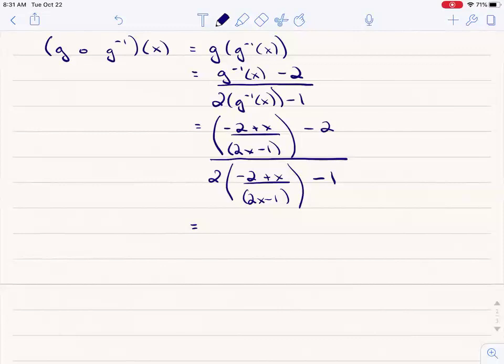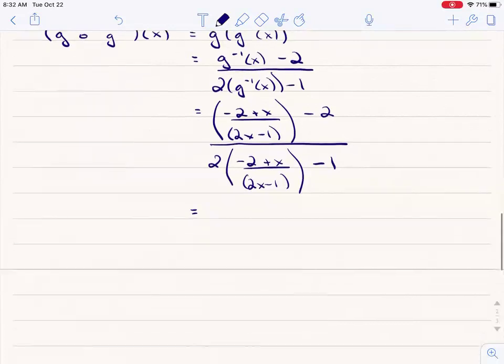I want 2 to be written as something over 2x minus 1, so I take 2 times 2x minus 1 over 2x minus 1. That's just 1, so it cancels out. I'm multiplying by 1, which doesn't change anything, and so that's allowed.